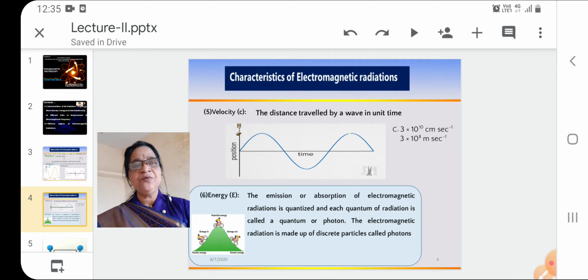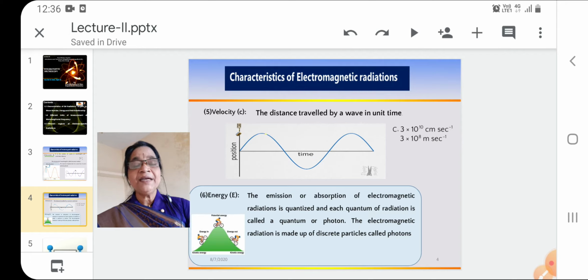Putting this value, we get E is equal to hc upon lambda. c is the velocity of light and h is Planck's constant, and both are constants. Therefore, E is equal to constant upon lambda. That is, E is inversely proportional to the wavelength.